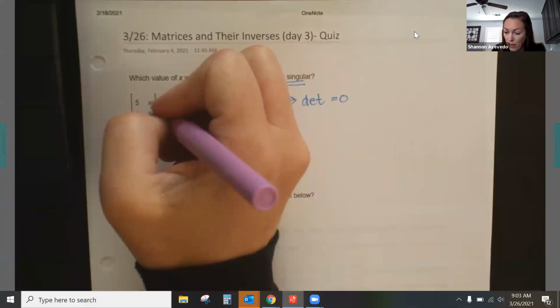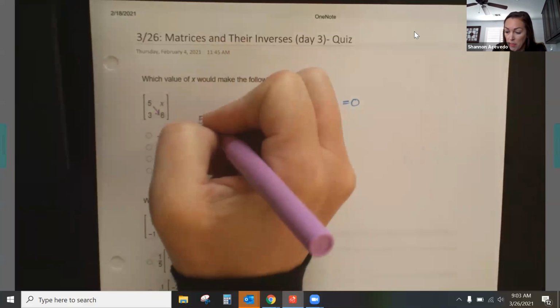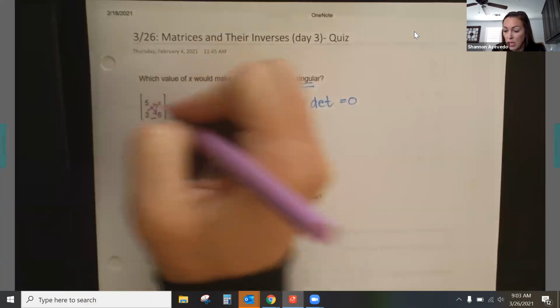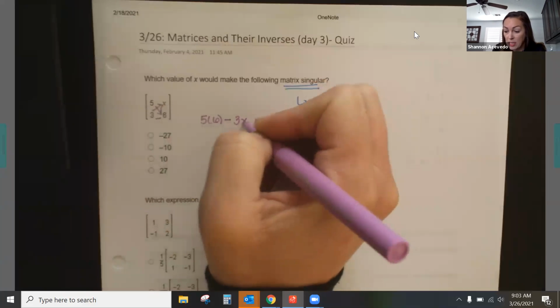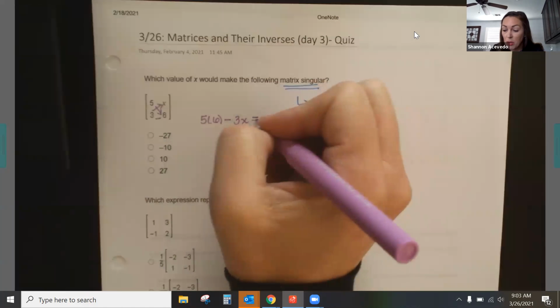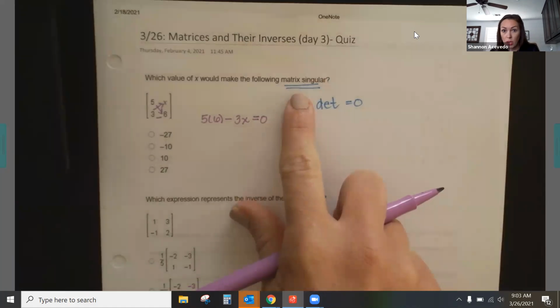Remember, if I want to find the determinant, I'm going to do 5 times 6 minus 3 times x, so 3x. And we want to know what value of x is going to make my determinant 0, because if it's 0, there's no inverse, which makes the matrix singular.